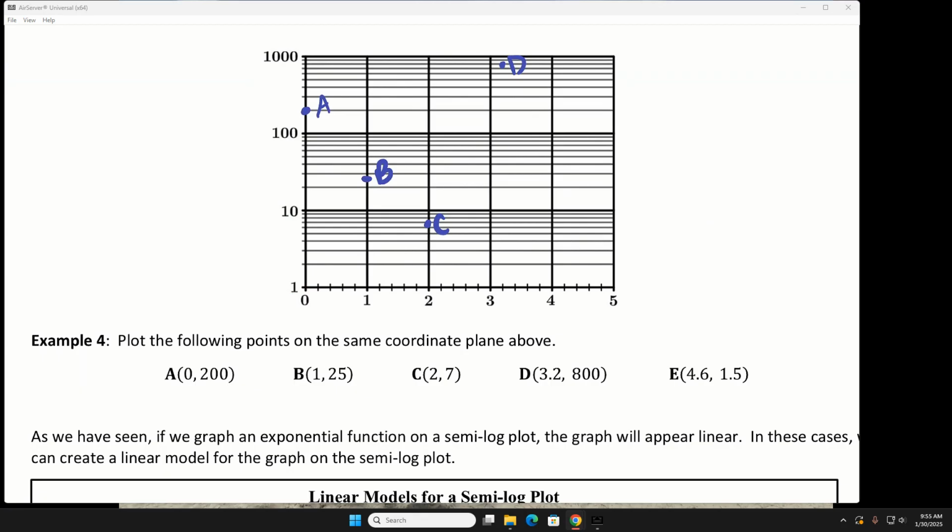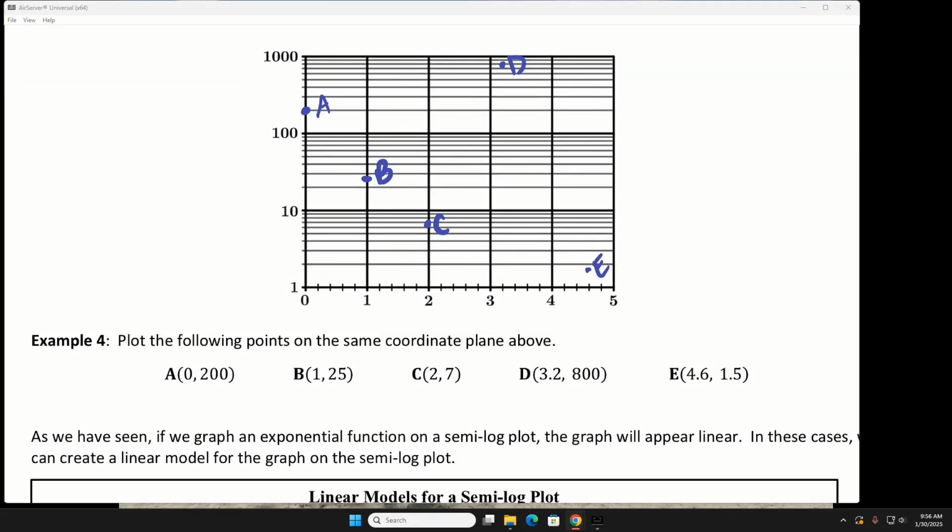All right, and then 4.6 and 1.5 is going to be a little above halfway. All right, so what questions do you guys have so far?